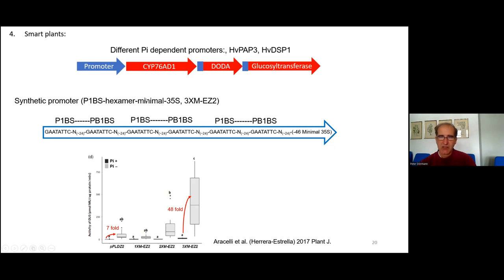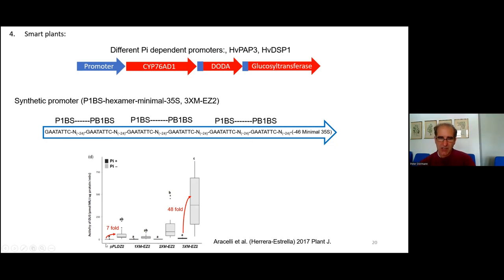Therefore, Magda actually pulled out a publication from the Herrera-Estrella group, where he described a synthetic promoter of this binding domain as a hexamer, 3 tandems basically, fused to a minimal promoter.